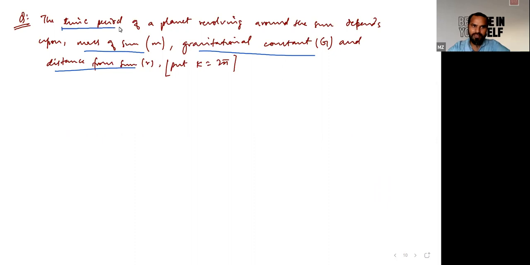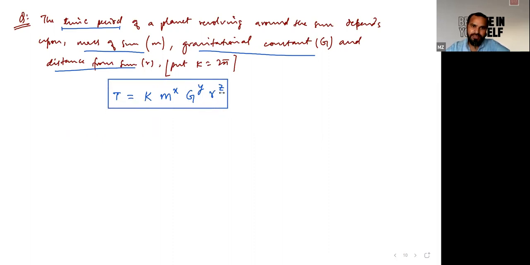Let's say we have time period, which is equal to some proportionality constant K, and its dependency factors are M raised to the power X, gravitational constant G raised to the power Y, and radius or distance from the sun raised to the power Z. So this would be your formula for this particular time period.